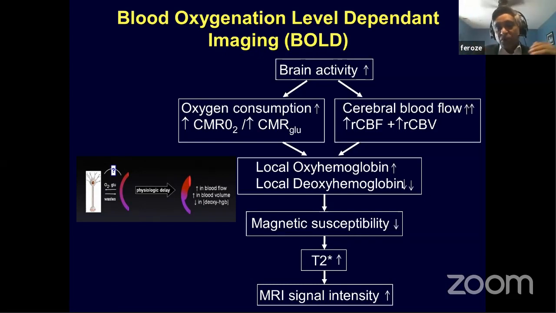So, long story short, if there is increased brain activity and you do T2 star imaging, the familiar term being gradient echo imaging, you will see an increased brain signal intensity. So it's an indirect measure, and it's a very long relationship between increased brain activity and increased MR signal intensity.